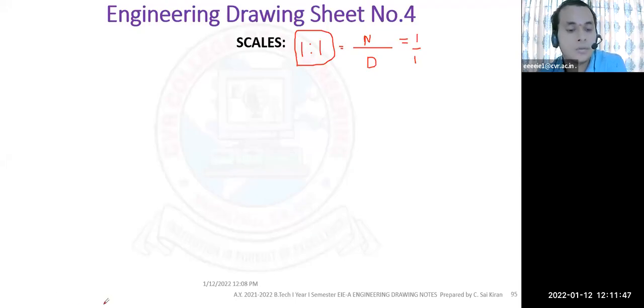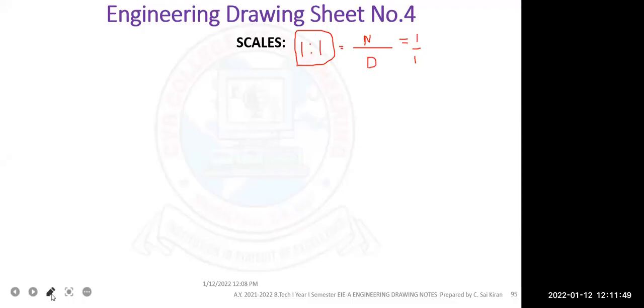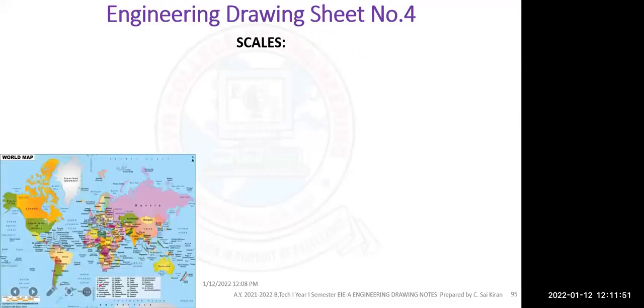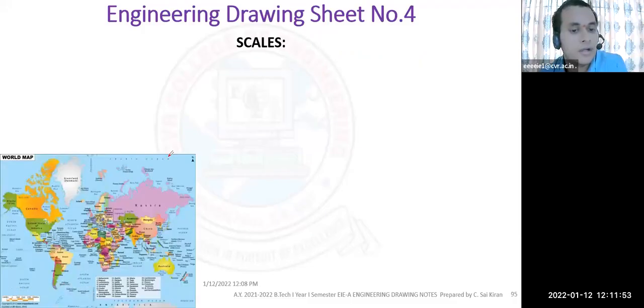For example, in your school days you have seen the world map. On the world map, they mention the scale such that 1 mm represented on the map equals 10,000 kilometers.